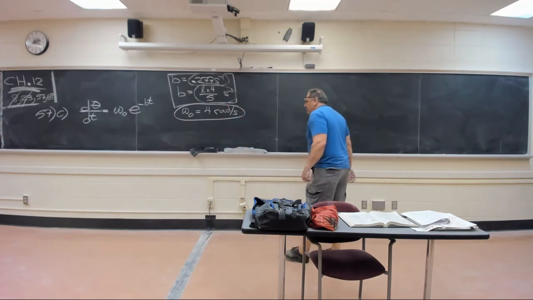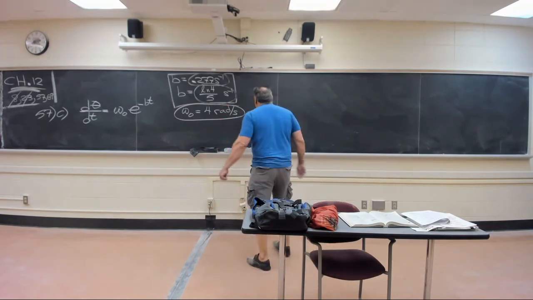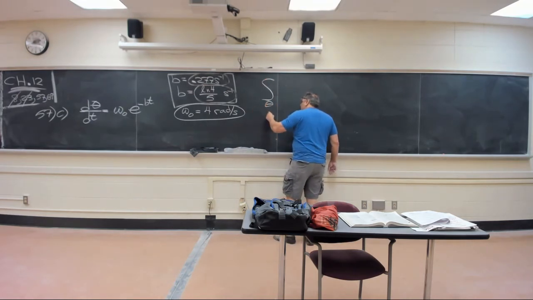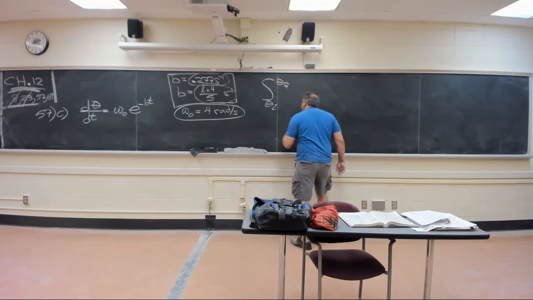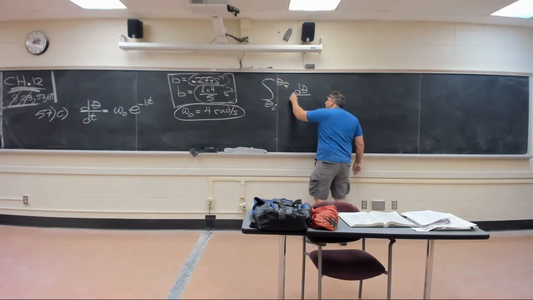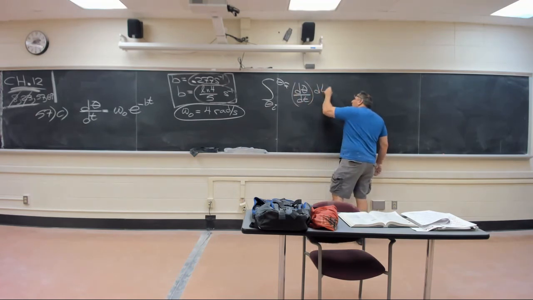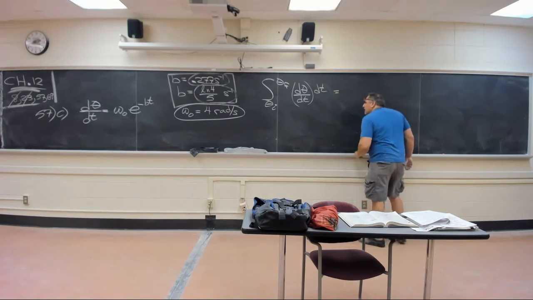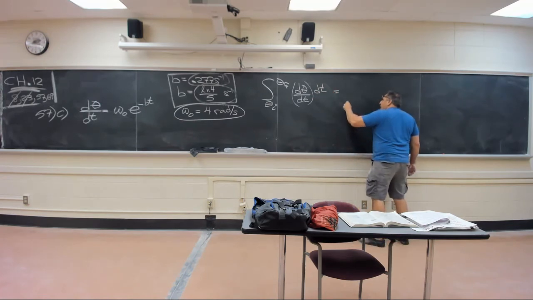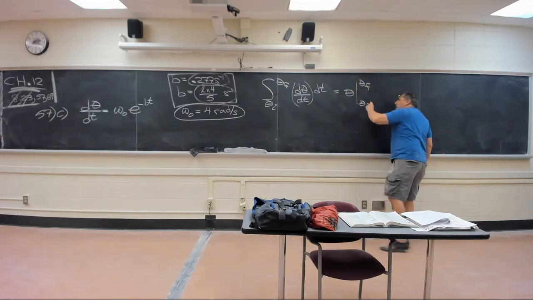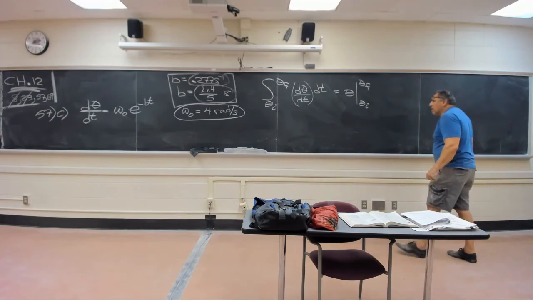What are they doing here? Well, is it true that if you integrate that thing with respect to time from some theta sub i to some theta sub f, you're going to get theta evaluated between these two limits?